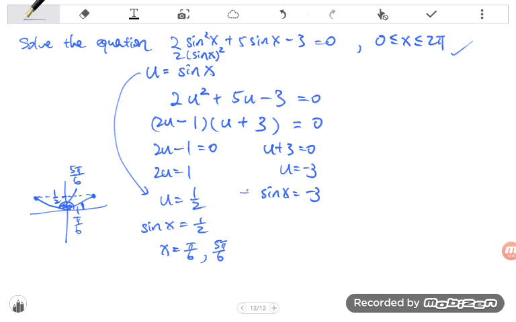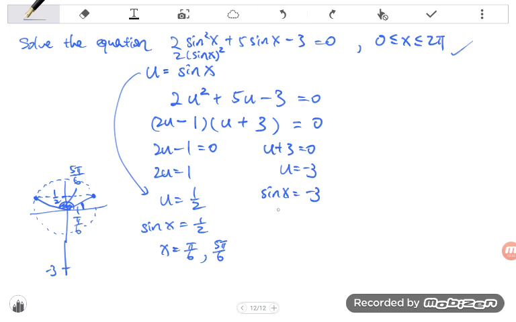Now let's look at this part. Sine x is equal to negative 3. So if you think about it, on the unit circle, my sine value gives me the y coordinate. And since my unit circle has a radius of 1, is it possible for me to get something like a negative 3 here? My radius is 1, so we can't.